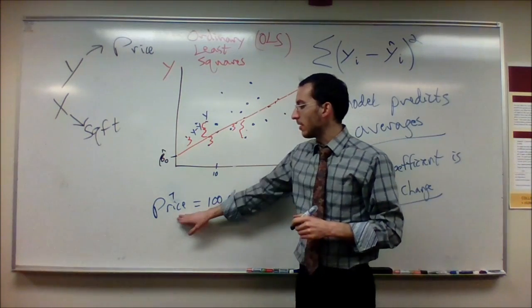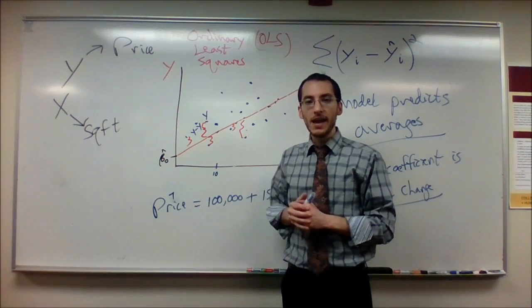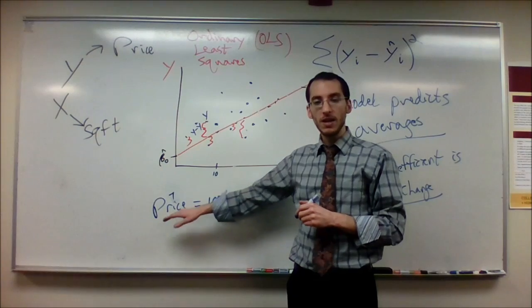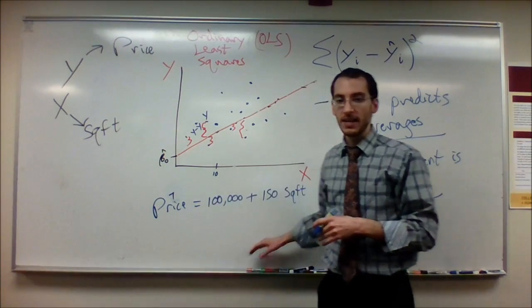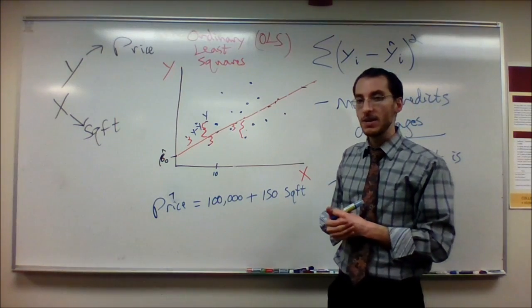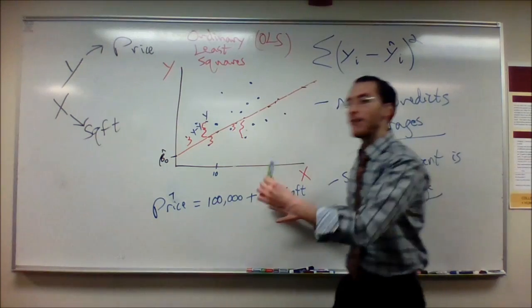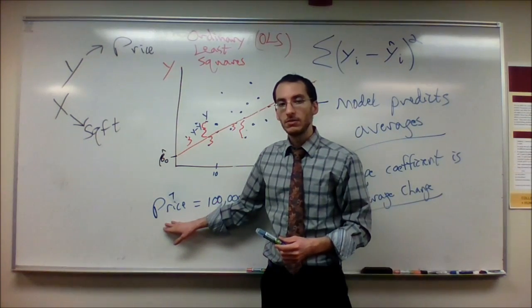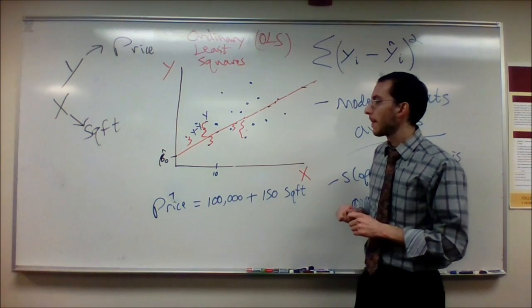So if I predict a price of $101,500, that's the average predicted price at 10 square feet from that previous example. 150 is the average change in price for a 1 unit change in square feet.